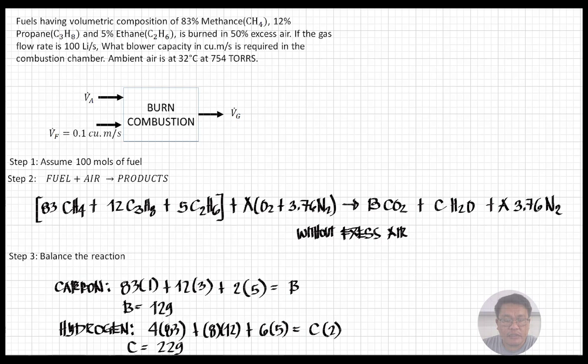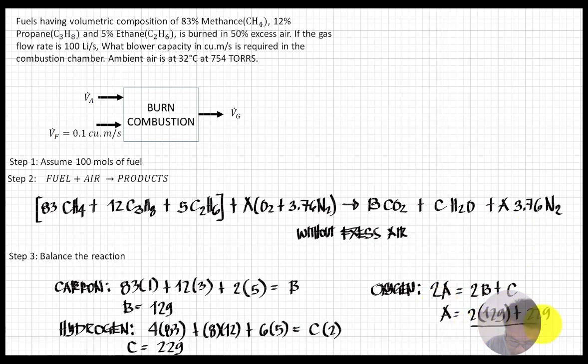So next let's go to the oxygen. For our oxygen, on this side, we have 2 times A. Then on the product of combustion, we have 2 times B plus your C here. Since we already got the value of B and also the value of C, we can substitute here to get the value of A. So A is equal to 2 times 129 plus the value of C, which is 229.